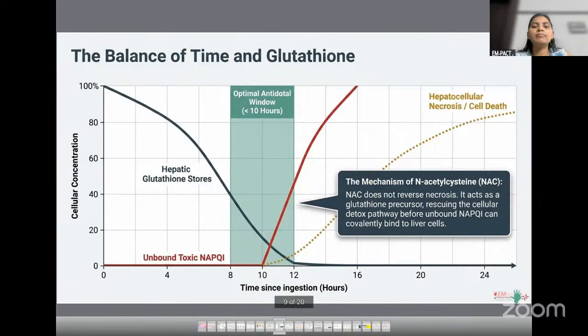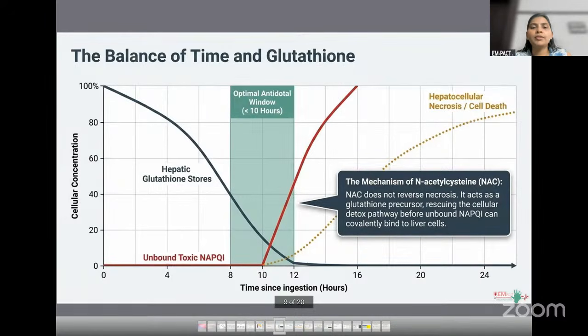By 12 hours, the glutathione stores will be completely depleted. At that time you can see the red line, that is the unbound toxic NAPQI, starts rising. That rising unbound NAPQI will bind to the hepatic cells, and that will cause the hepatocellular necrosis. That hepatocellular necrosis is marked like a yellow dotted line.